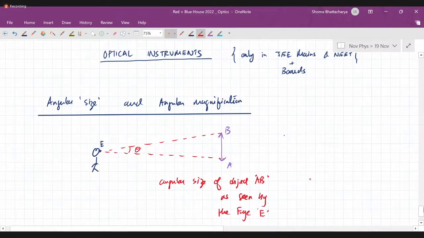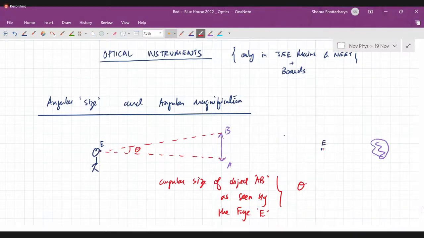That is theta. Okay. Even if it is some odd shaped object like this, and this is the location of the eye, the overall angular size will be just the total angle spanned by this. So that is why you have that optical illusion of a nearer object appearing much larger.